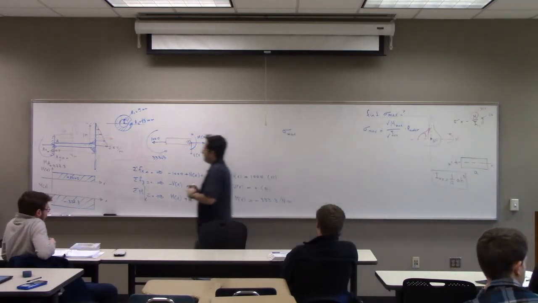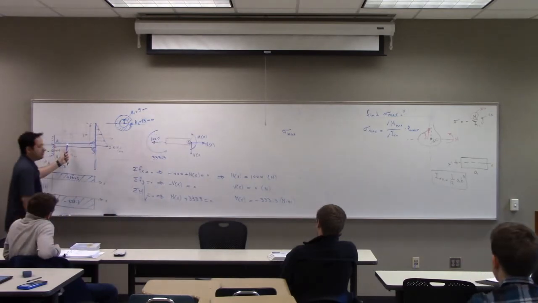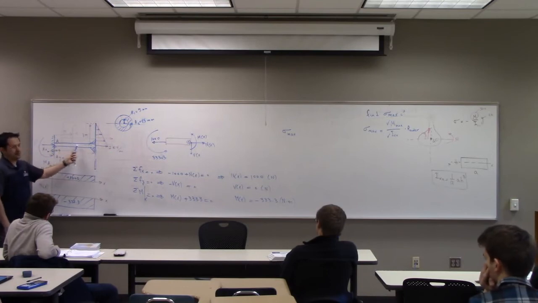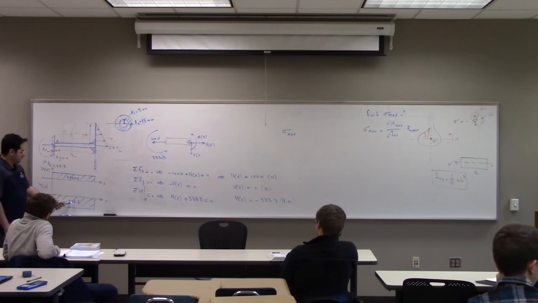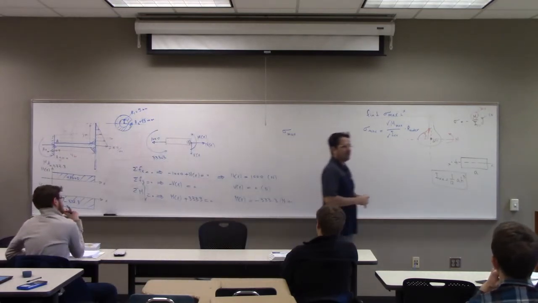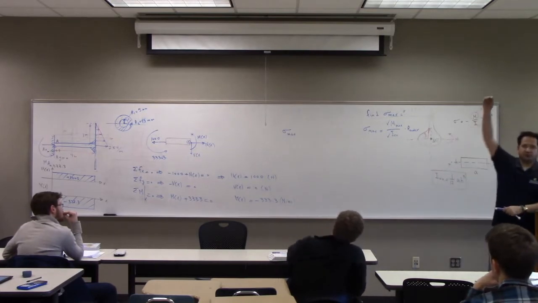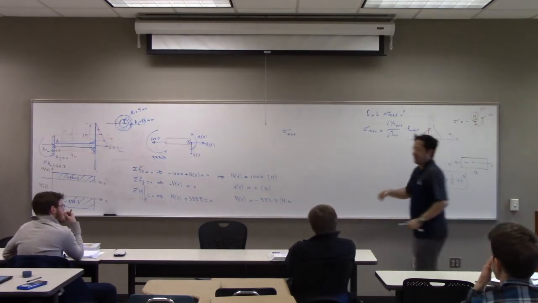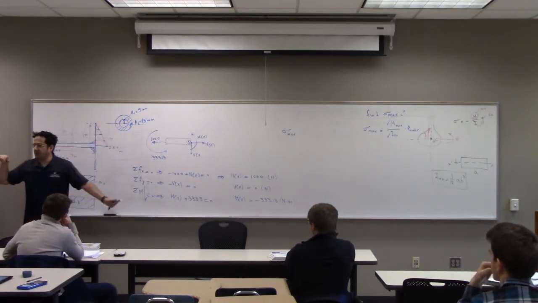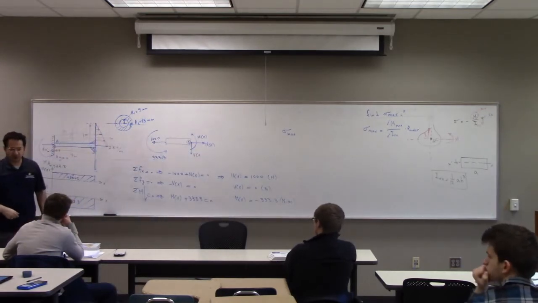If I draw that, I know that everywhere I'm going to have 333.3 Newton meter. That means the sigma, according to that equation, is everywhere. But where is the maximum? On top. You see that? The maximum on top is tension, on the bottom is compression.